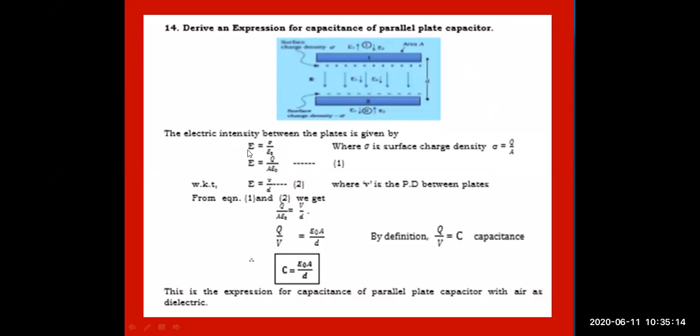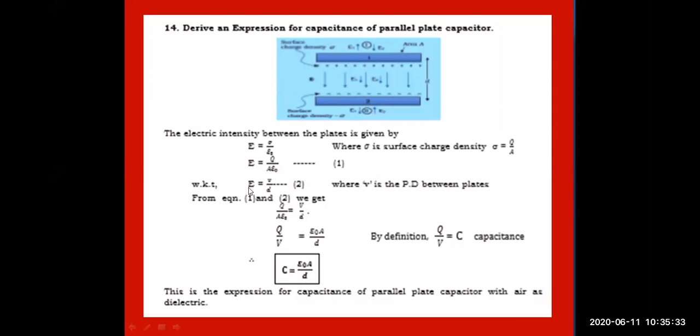Clear? First formula is E equals sigma divided by epsilon naught. But sigma is equal to Q by A. So you will write E equals Q divided by A epsilon naught. Call that equation 1.